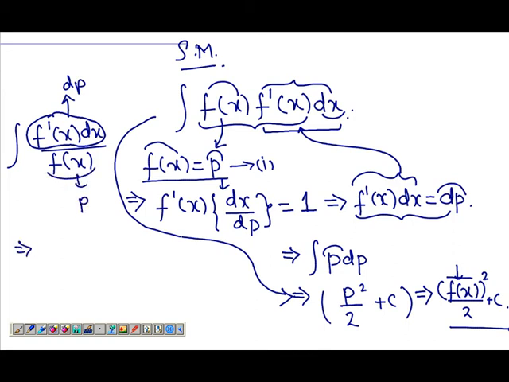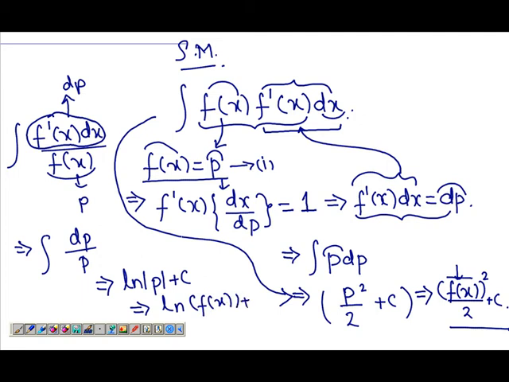So what I get here is dp over p, which I already know is the natural log of p, and then I replace p by f of x. So it does not matter where the function is present.